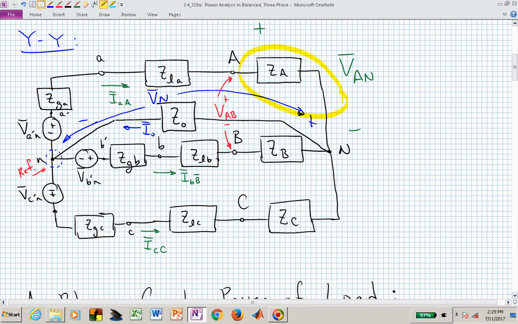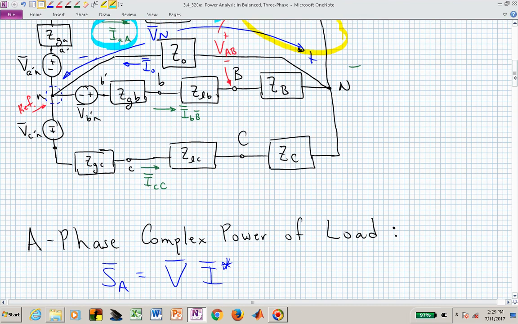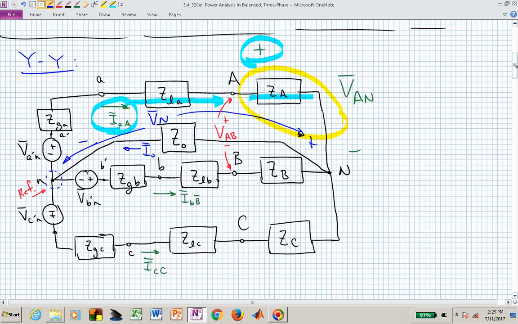Although it's drawn over here, this A phase current in the transmission line is going into the positive terminal of the A phase impedance. And so our current in the A phase in this expression will actually be I sub AA. That's the current that passes through that impedance in the A phase.